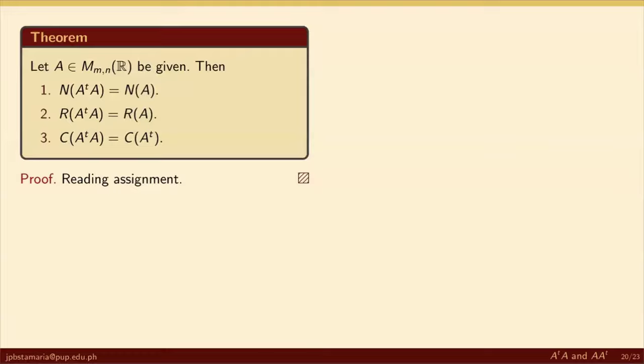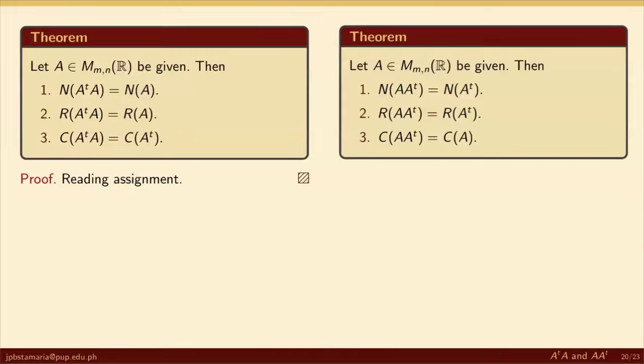And just like before, if you replace A here by A transpose, what happens to this theorem? It now talks about A A transpose. So the null space of A A transpose is the null space of A transpose.